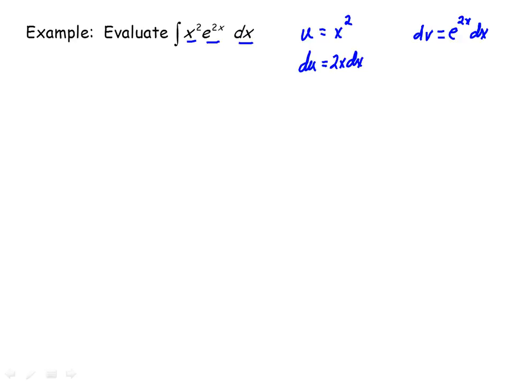As long as your argument is x, you don't have to use compensation. But if your argument is not just x, you have to use u compensation. So the antiderivative of e to the 2x, which is going to be v, is 1/2 e to the 2x.